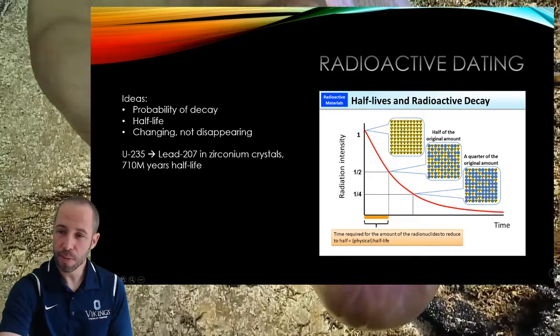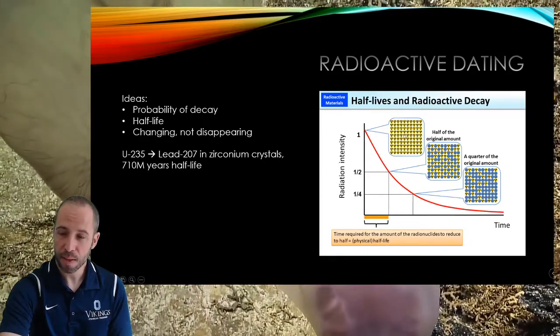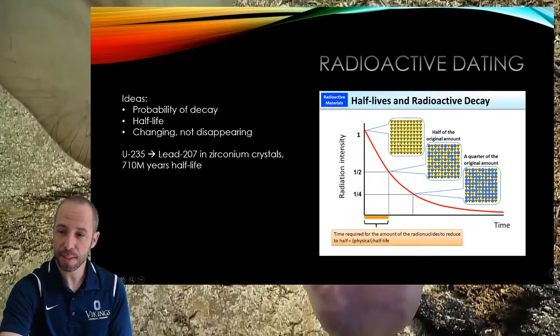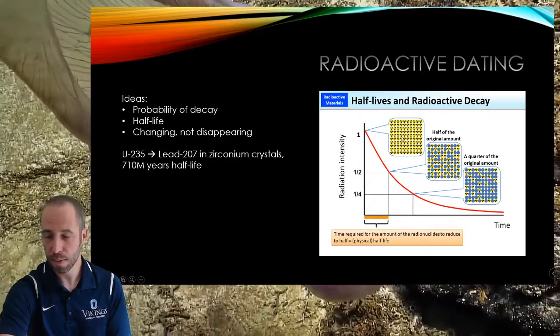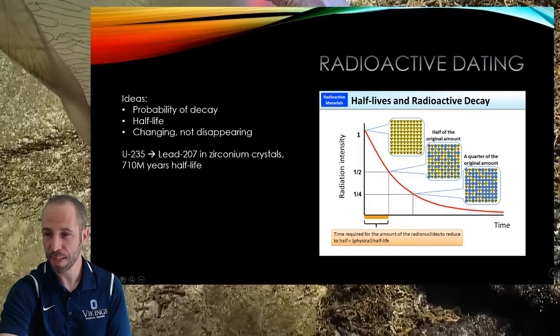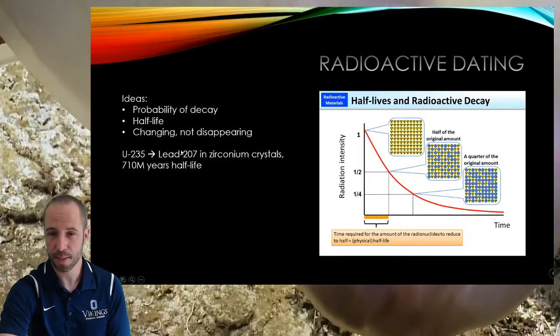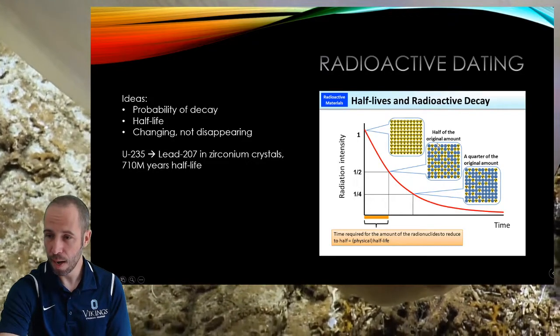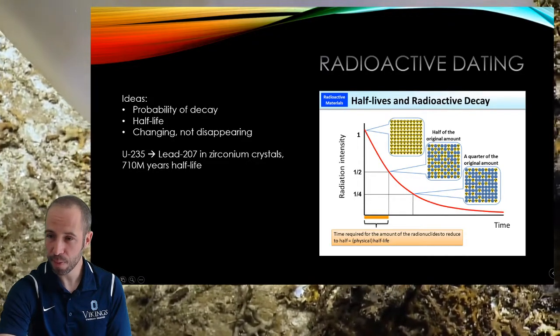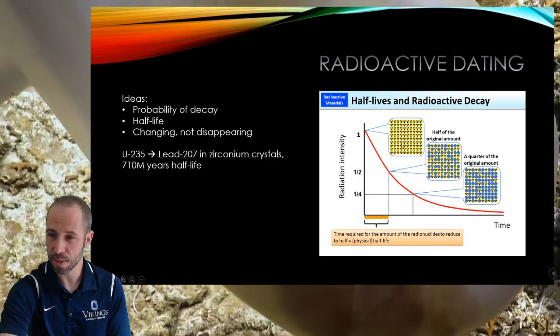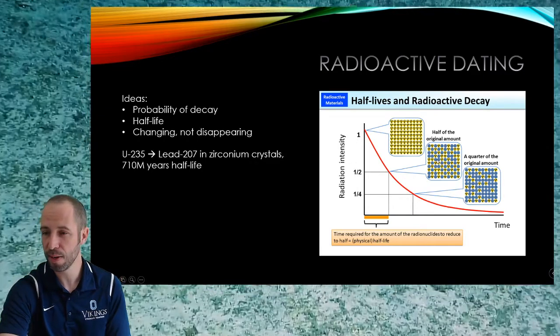Now, of these original radioactive atoms, are half of them disappearing? No. They're changing into something else. So in this case, the uranium is changing into lead, in the example that we care about right now. So the lead atoms are popping up as the uranium atoms are going away. They're switching over. Disappearing is exactly the wrong word.